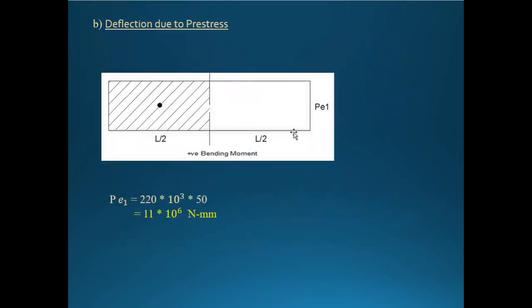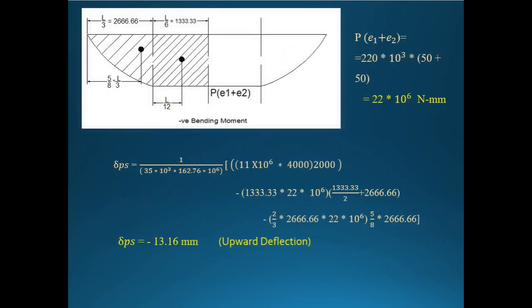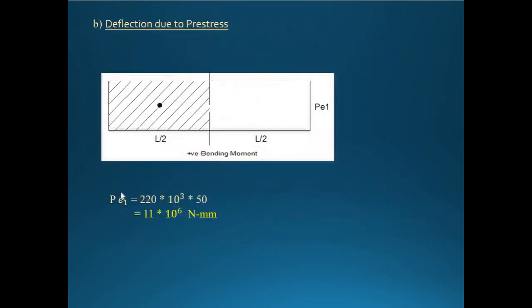If I consider this diagram as the first area, the area will be B into D. Here B is L by 2. So it will be PE1 into L by 2 as the area, and the centroidal distance of this is half of the length.